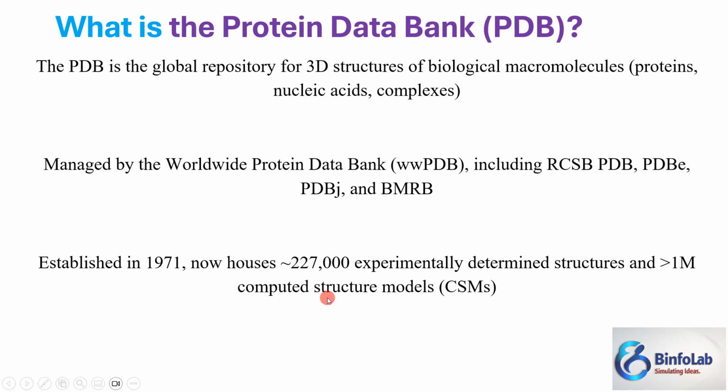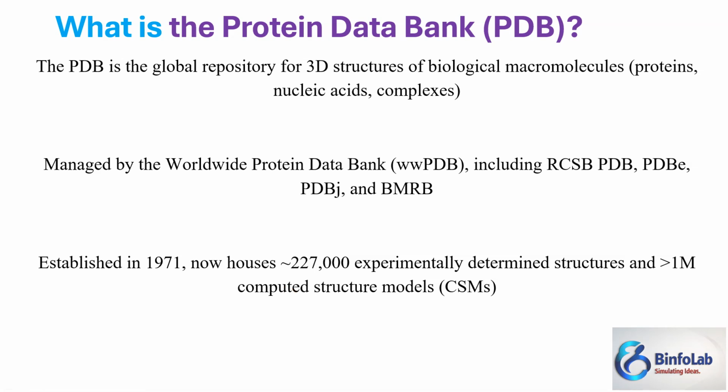CSM stands for Computed Structure Models, those models which are computed by AlphaFold or some other methods, but not experimentally determined. So we call them CSMs. So take care when you are taking a structure from the PDB. There is a short headline method. The method will tell you whether it's experimentally determined or it's from the CSM or computationally determined.